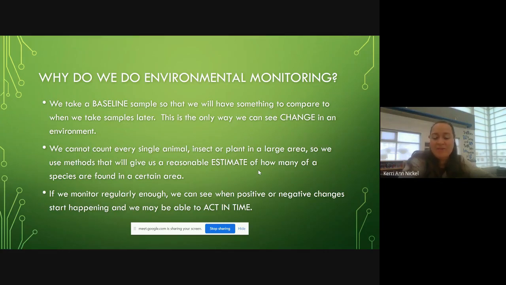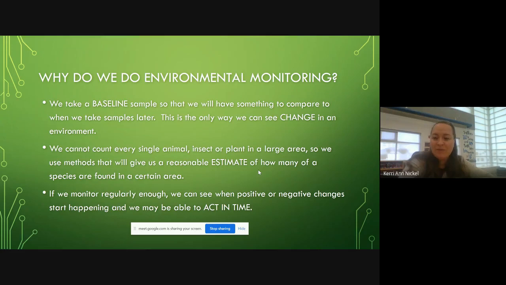Now, we can't count every single animal. It's just too difficult. Like I gave in the example earlier, we can't count every single ant on a street. So we use environmental monitoring to give us a reasonable estimate of how many of a species are found in a certain area.